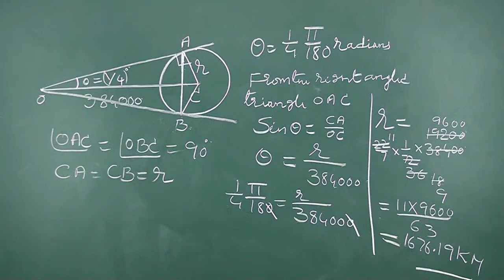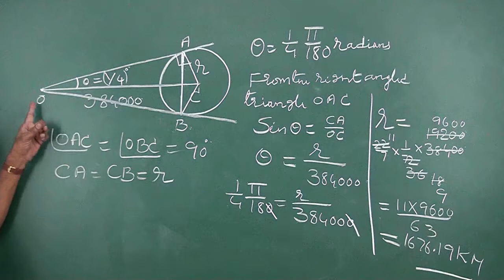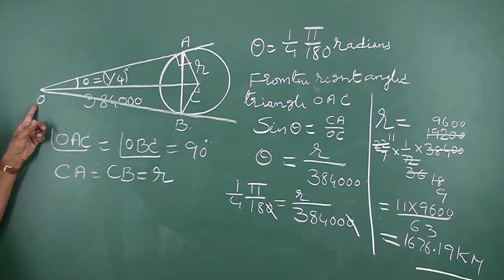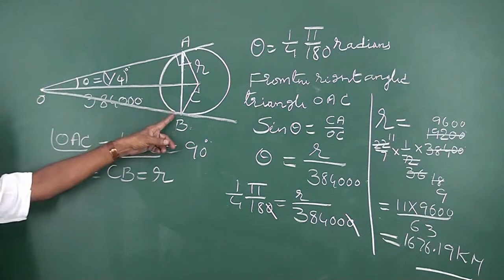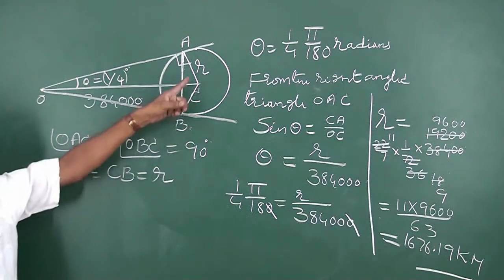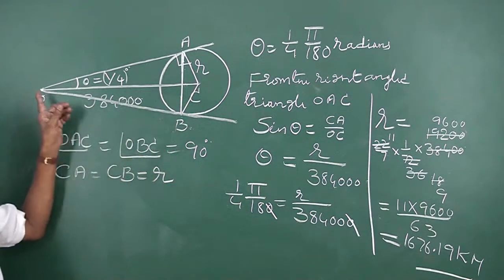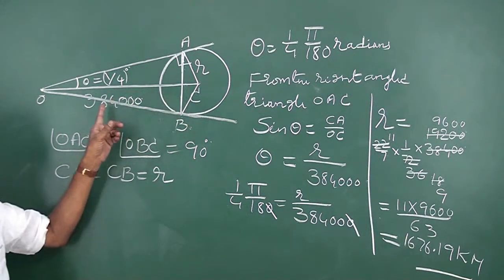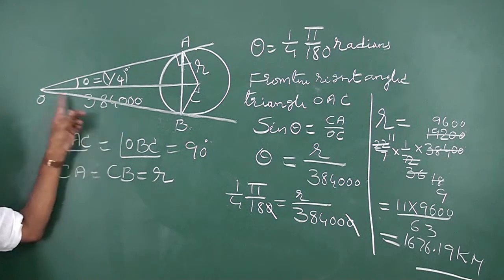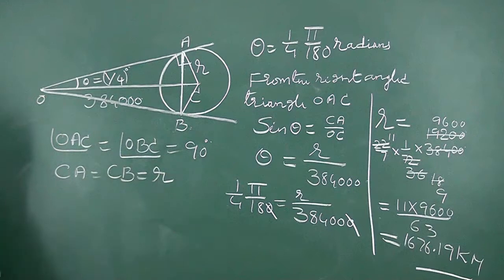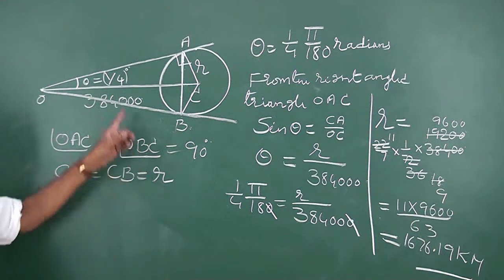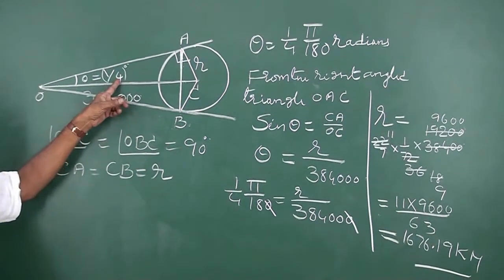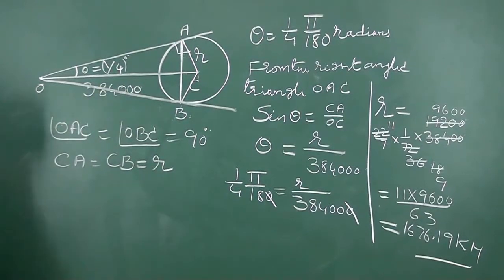So therefore, this is the position of the observer's eye, and this is moon. The radius of the moon is R. The distance from the observer to the center of the moon is given here, and OAB is the tangential cone, and the semi-vertical angle of the tangential cone is 1 by 4 degree.